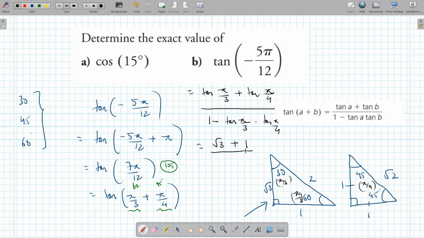And then on the bottom, you have 1 over tan pi over 3. Tan pi over 3 was root 3 over 1, or just root 3. And then that guy was a 1. And there you go. That's going to be the final answer. Multiplying by 1 doesn't make a difference, so you can ignore that. This thing right here is the exact value of tan of negative 75 degrees, or tan of negative 5 pi over 12, okay?